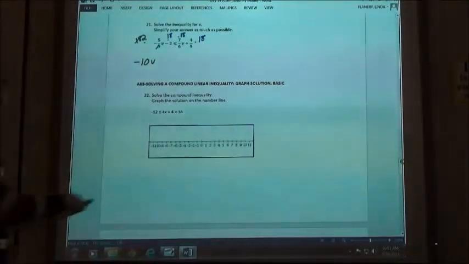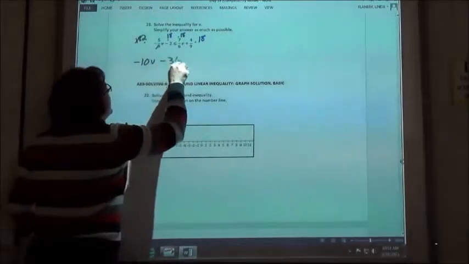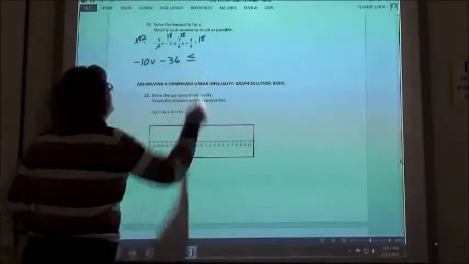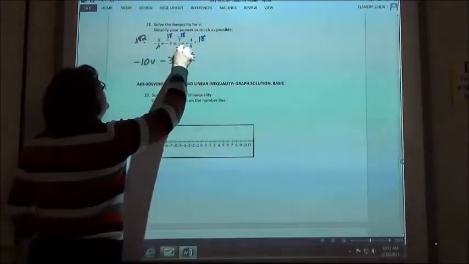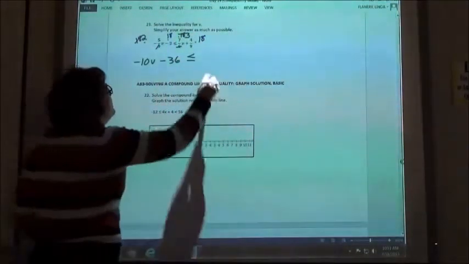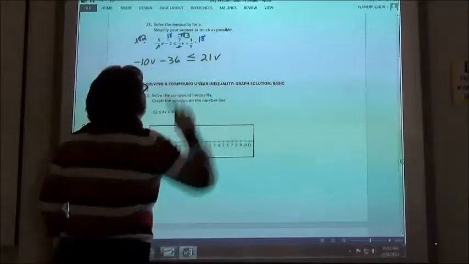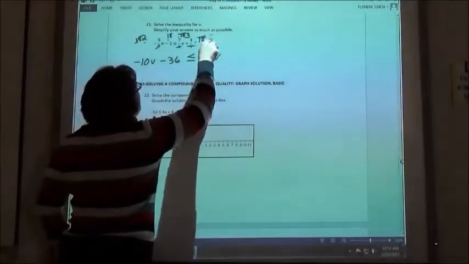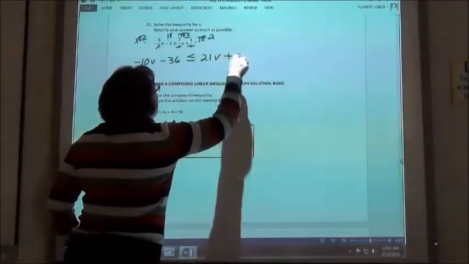negative 10v. Next one doesn't have a fraction, so negative 2 times 18, negative 36, is less than or equal to. 6 goes into 18, 3 times 7 is 21v then. And then 9 goes into 18, 2 times 4 is 8, right?